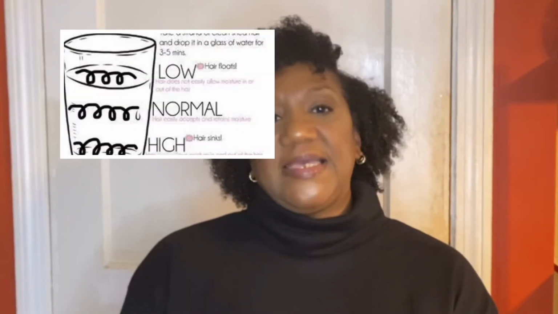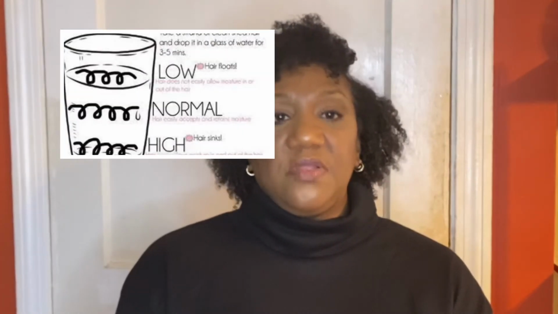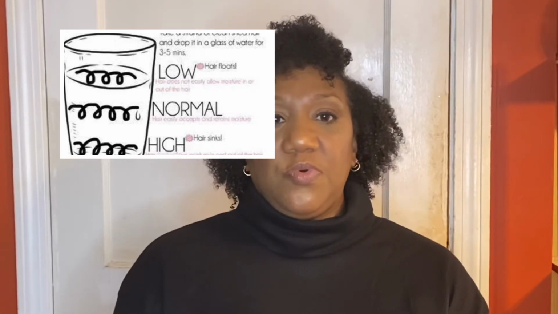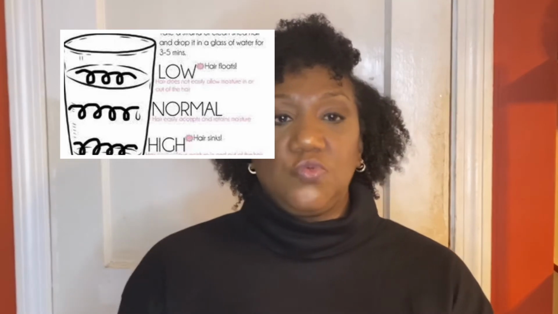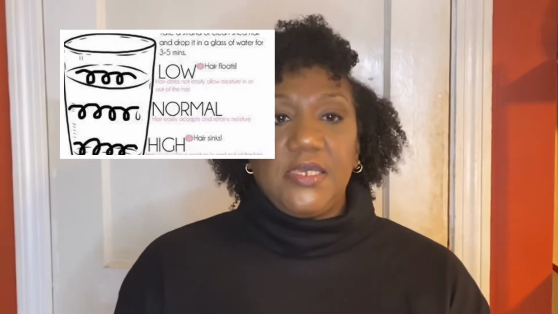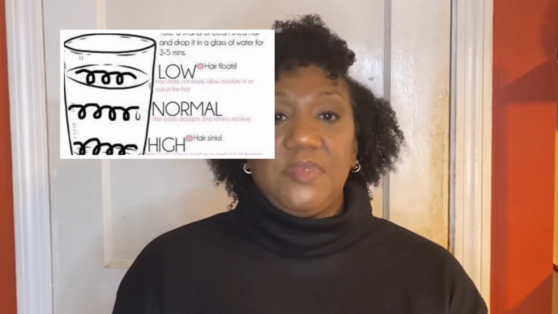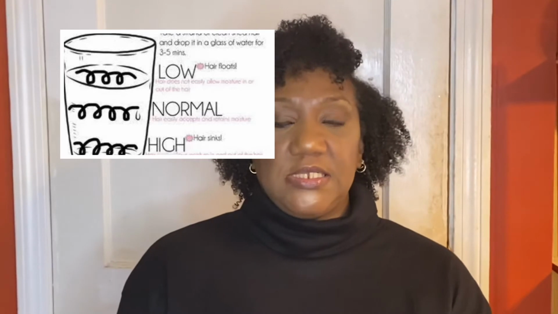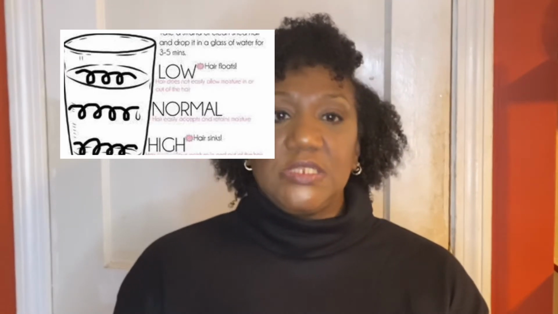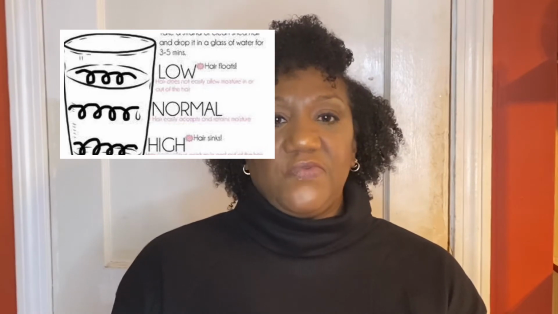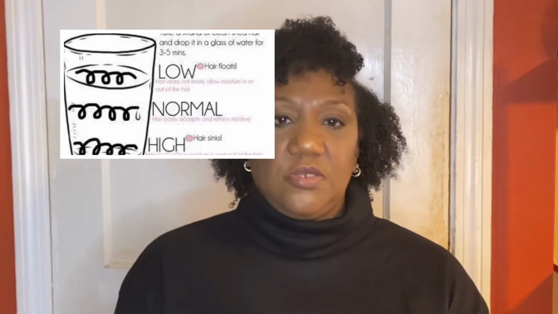For the float test, you take a couple of clean strands of your hair, add them to water, and let them sit in the water for 2 to 4 minutes. If it stays on top, your hair is low porosity. If it floats in the middle, your hair is normal porosity, and if it floats to the bottom, your hair is high porosity.